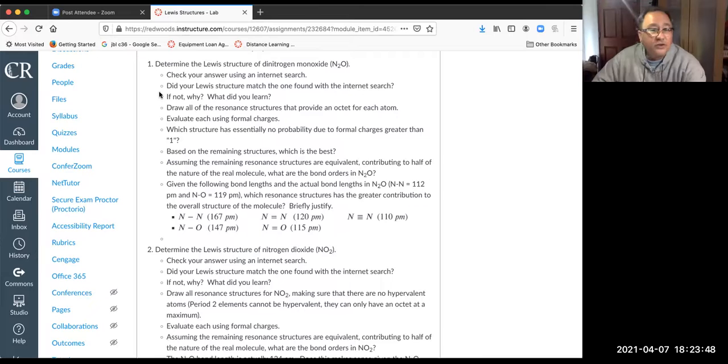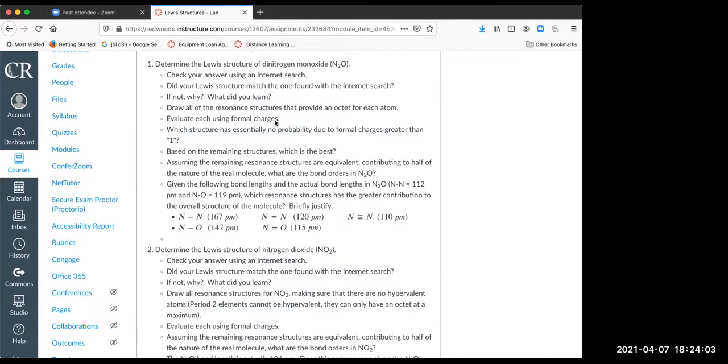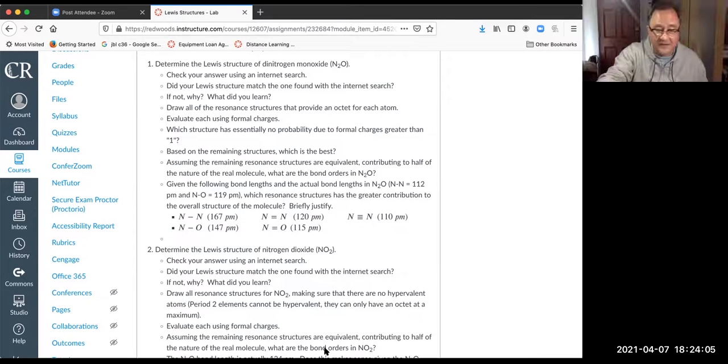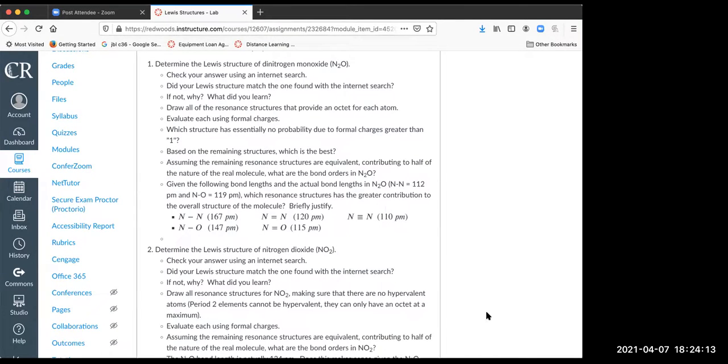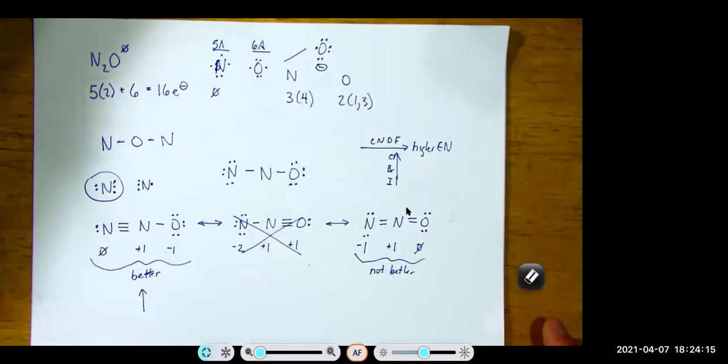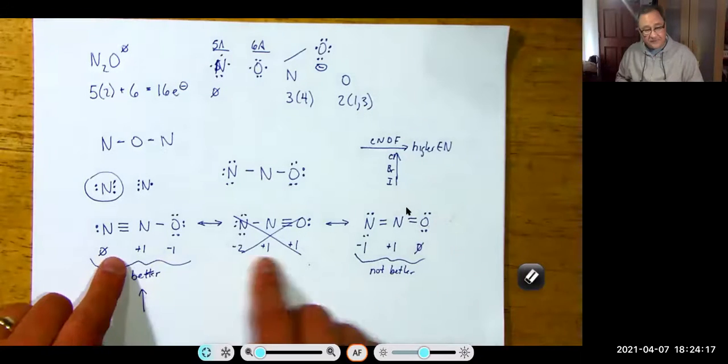Did your Lewis structure match the one found with the internet search? And if not, why? Well, you could say based on the internet, sometimes the internet says this one, and that's it. You can't see it because I'm not showing it to you. Depending on where you go for your information, you could get all sorts of answers, but you might get all three of these.